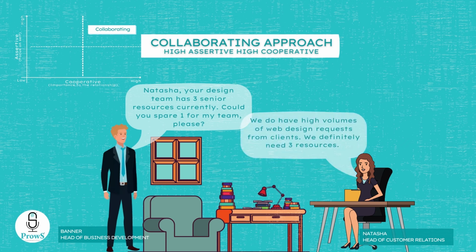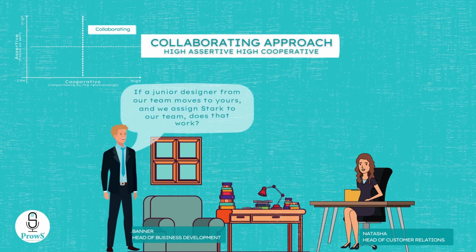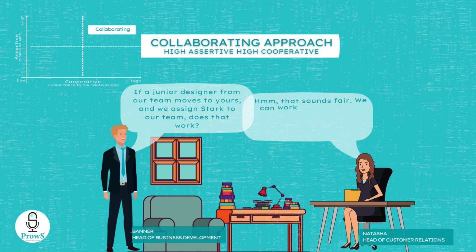Natasha suggests that she actually requires 3 resources for the volume of requests she gets from the clients. Both of them together come up with a solution to reassign a junior designer from Banner's team to Natasha's team and bring Stark on board with Banner's team. That's creative thinking and not putting only one's own self-interest ahead.